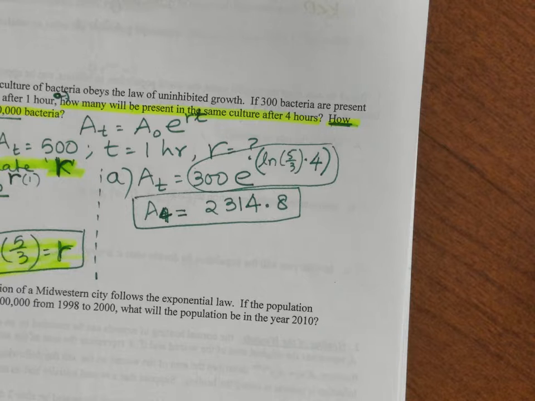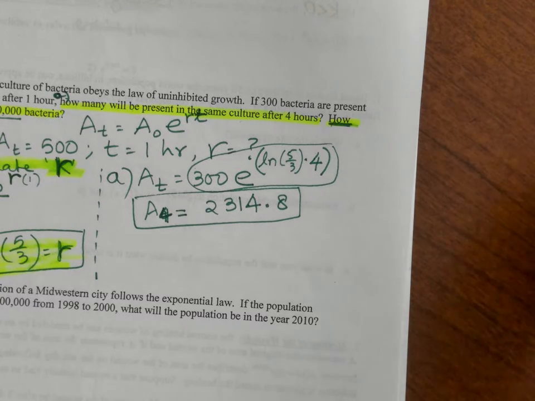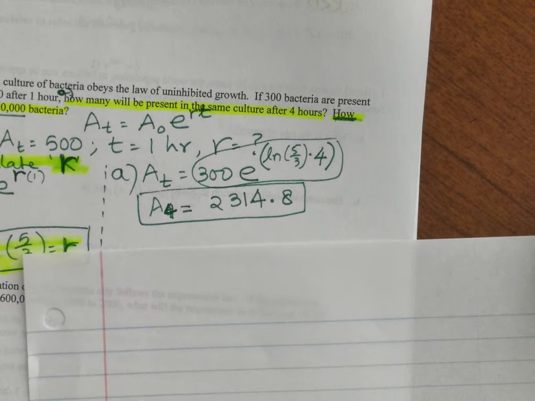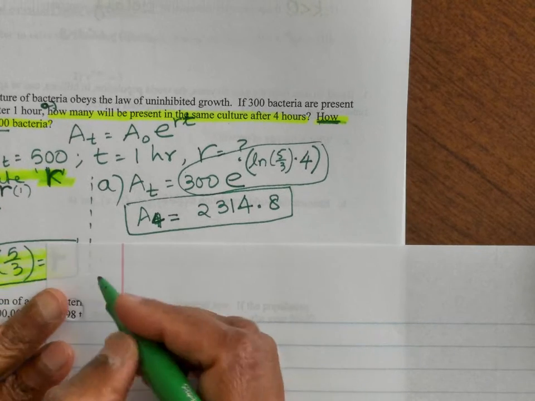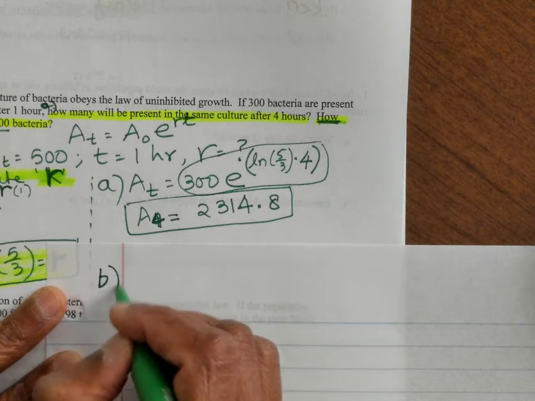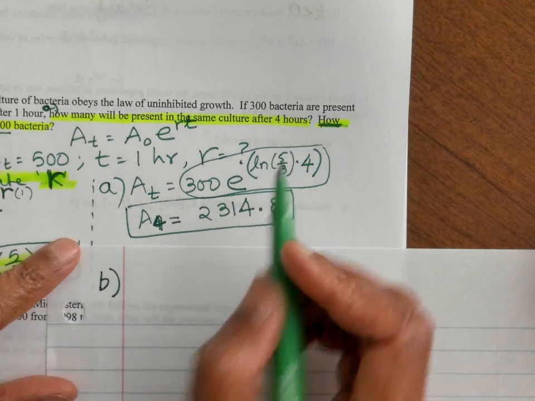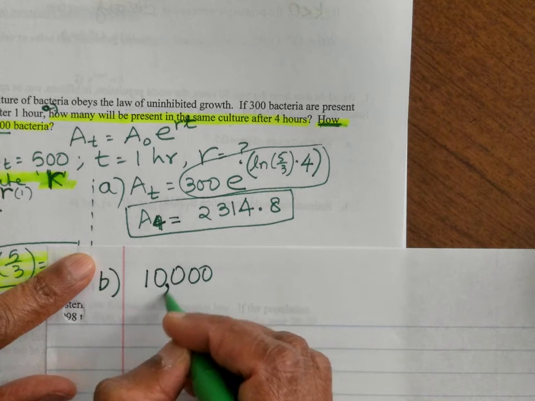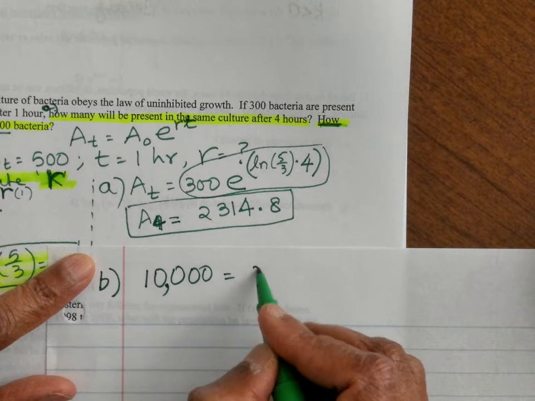All right, I hope we sort of started it and kind of got the hang of it, because as always it's good to do stuff by yourself. So let's look at B. After how long will it reach 10,000? So 10,000 is my AT. A0 is still 300, hasn't changed.